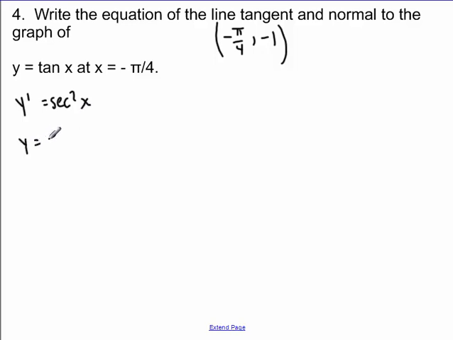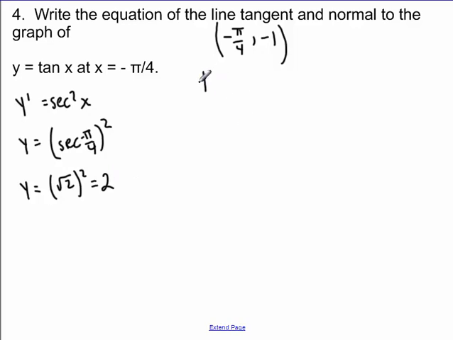Plug in negative pi over 4. Secant of negative pi over 4 is root 2. So when I square, yeah, it is positive. So then we get 2.